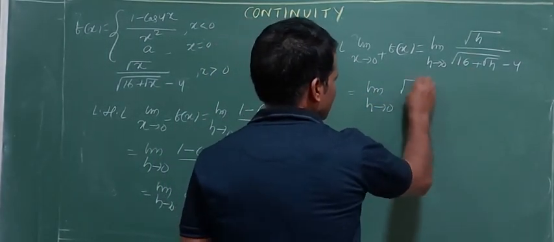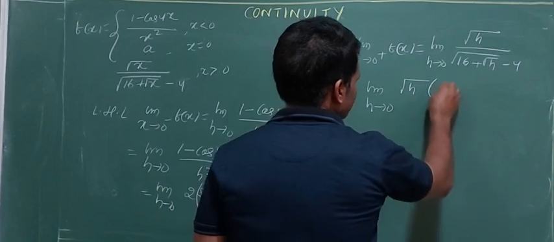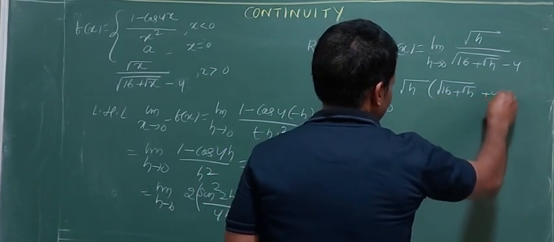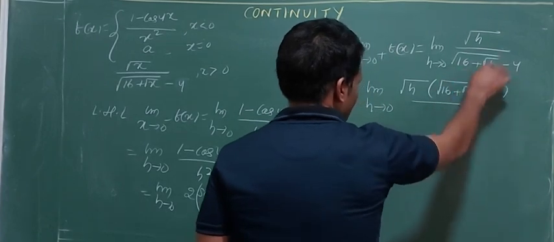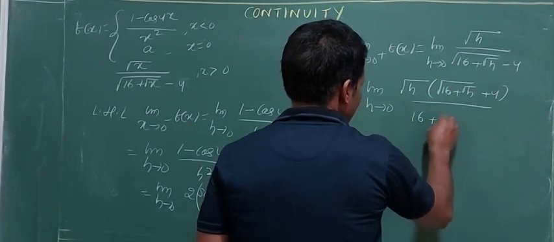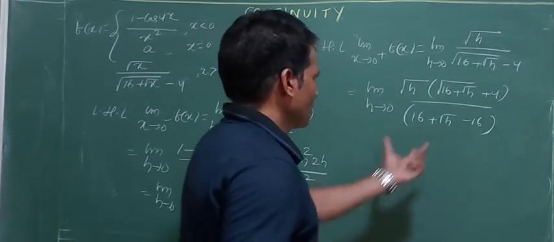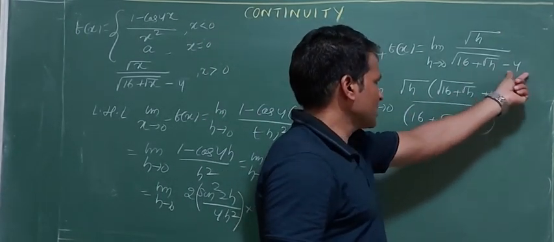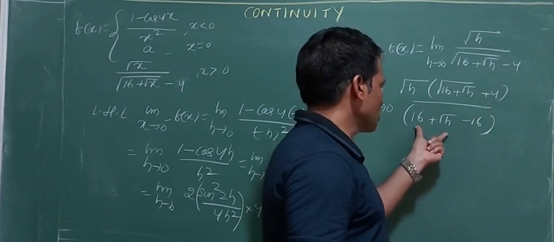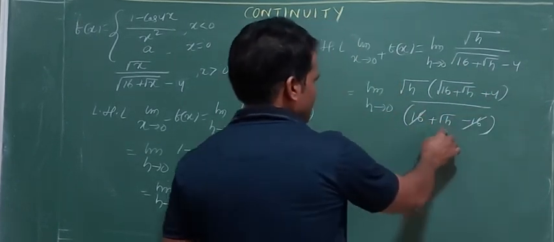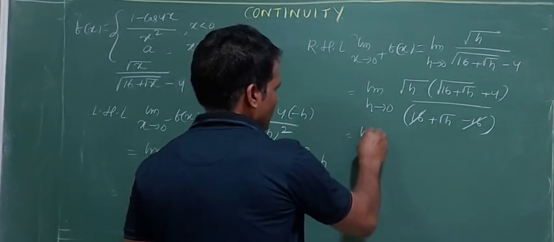Rationalize the denominator. That gives you 16 plus root h minus 16. When these values are multiplied, a square minus b square. Its square root on 4 square 16. 16 cancels out. Next step, root h cancels out.